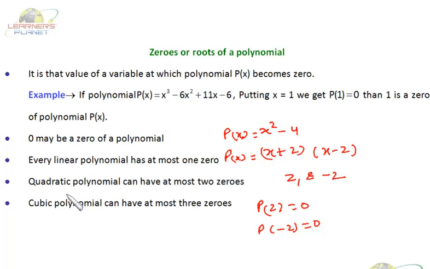That means every quadratic polynomial can have at most 2 zeros, and a quadratic polynomial can also have both zeros the same. In this case we have 2 zeros, 2 and minus 2, or we can say 2 roots, 2 and minus 2. We'll discuss the concept of roots in detail while solving the problems.